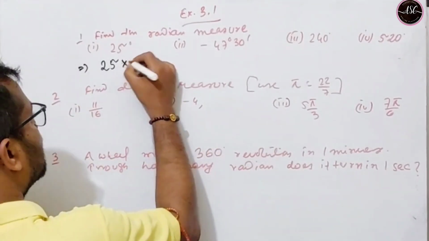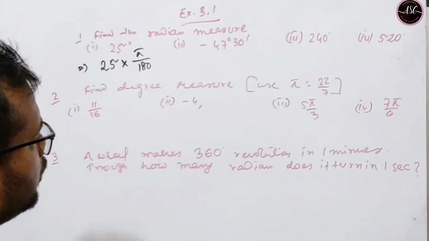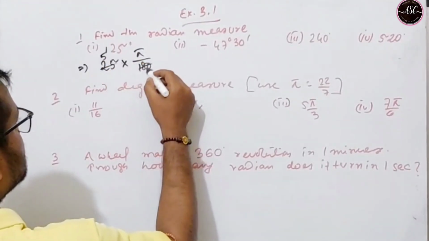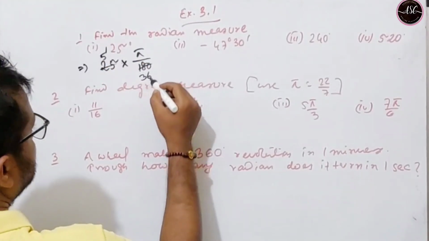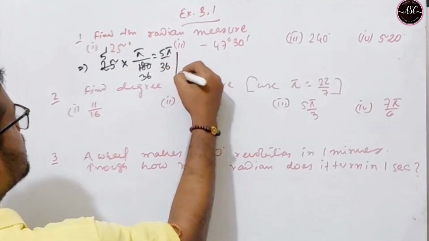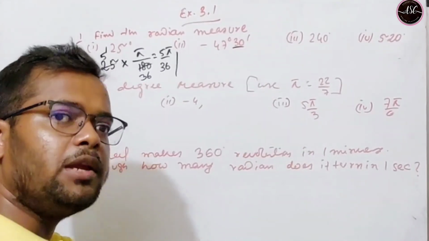So simply multiply this by pi by 180. Okay. So by cancelling this and this, we get 5 pi by 36.